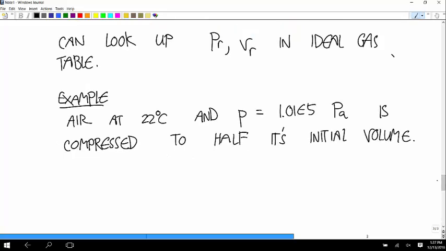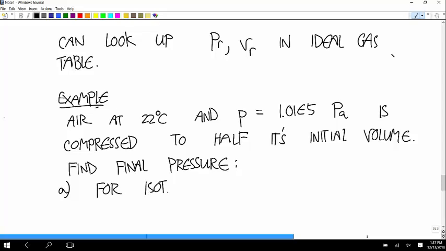And so we're going to find the final pressure in the syringe under two conditions. So first, assuming that the temperature doesn't change. So that's an isothermal process.